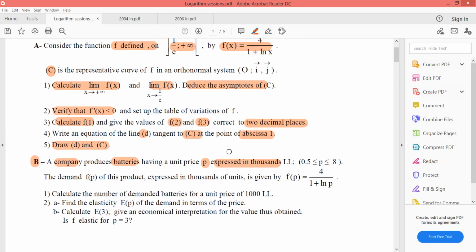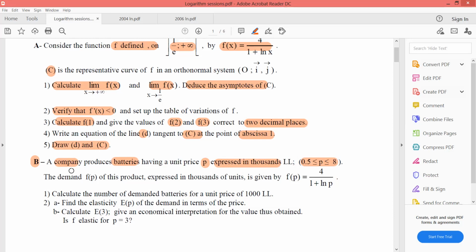So the price is in thousands, and you have to pay attention to P, the bounds of P is between 0.5 and 8, meaning between 500 Lebanese lira and 8,000 Lebanese lira. Since we multiply it by 1,000, it is expressed in thousands.